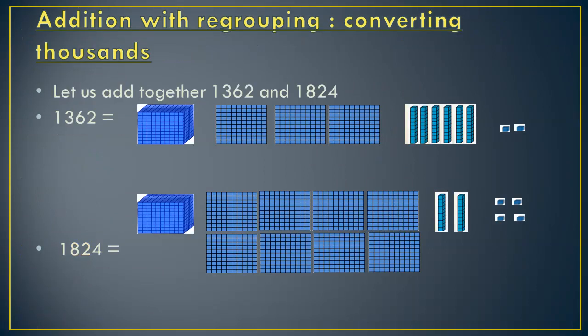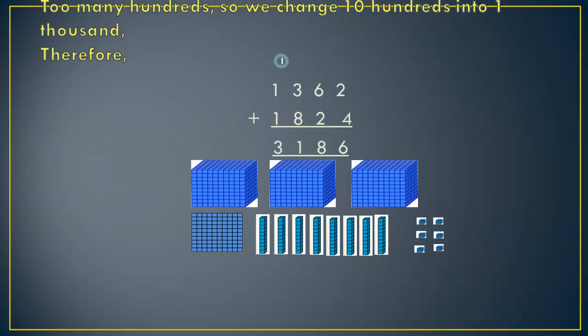Next one is addition with regrouping, converting thousands. Let's add together 1362 plus 1824. Here are some blocks. Now we are going to count these blocks. When we count the first value's blocks, it will be 1362. And then we move to next.